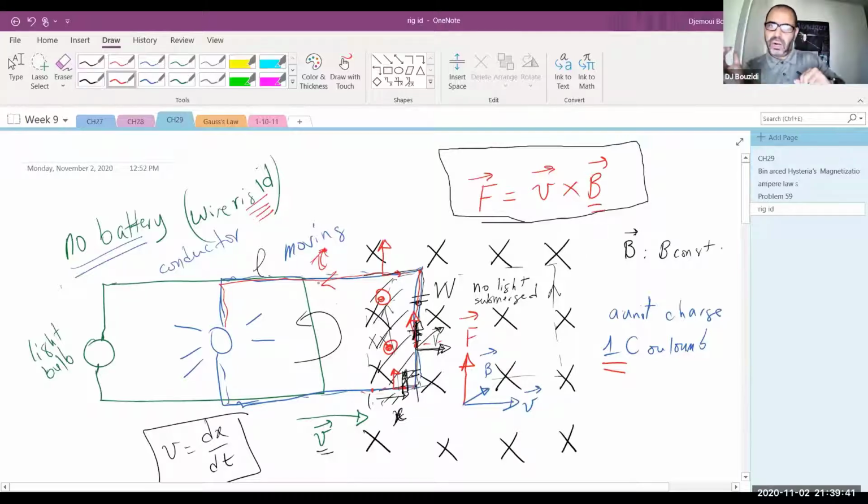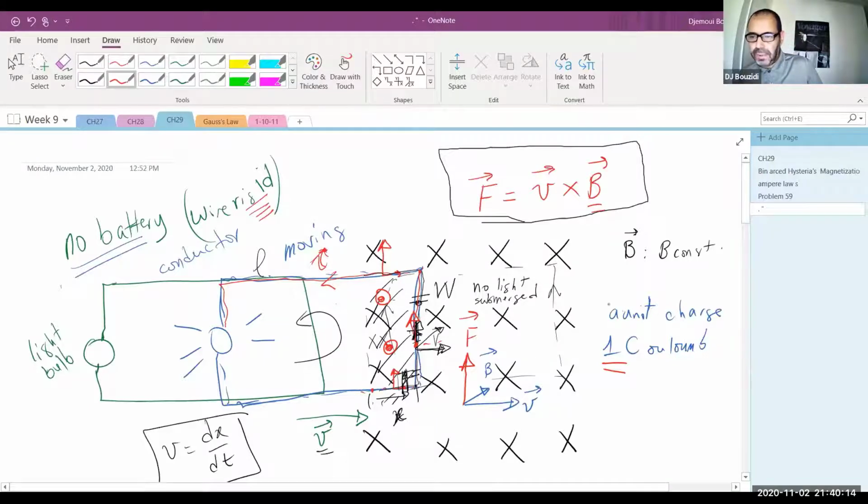Since the current is going counterclockwise, the magnetic field it creates, because again Ampere's law still holds in this case, will be in the opposite direction. So the more field lines are going in, this EMF will create a field in such a way that it's going to compensate for the ever increasing field lines inward. So it's going to make them outward.